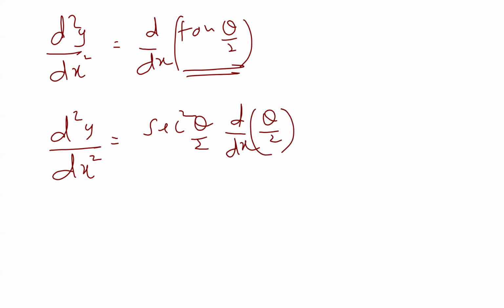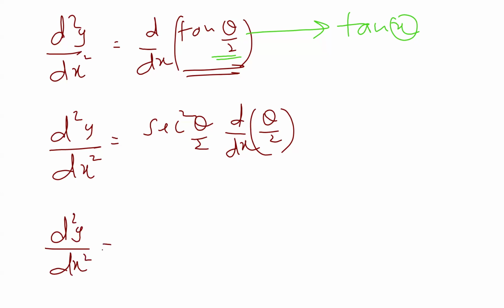See, I'm comparing this with the tan x formula. So who is x? x is theta by 2. So d square y by dx square is equal to sec square theta by 2, half goes out, d by dx of theta.